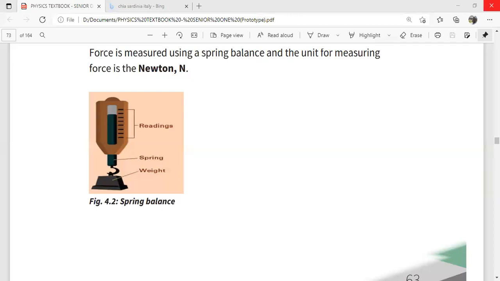So I'm going to try to adjust this reading, correct it a bit slightly. Can you see the pointer of that spring balance at 0? Yes. Now let me try to put there. I'm hanging something.